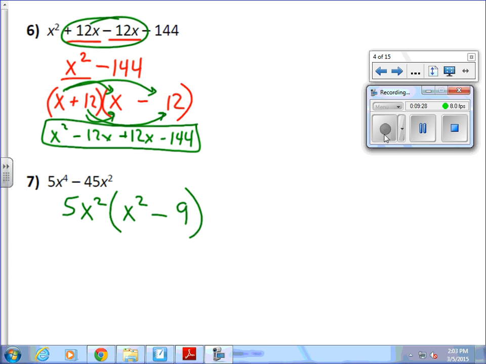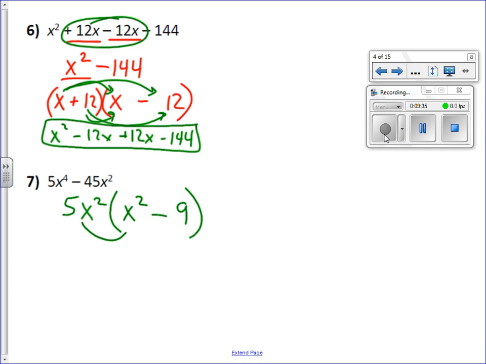On number 7, I noticed that both terms are divisible by 5x squared. So 5x squared times x squared gives me 5x to the 4th, and 5x squared times negative 9 gives me negative 45x squared.